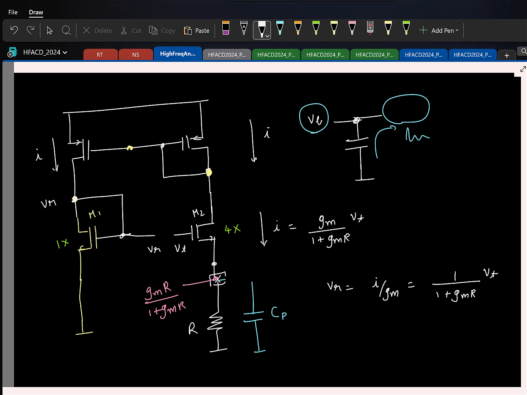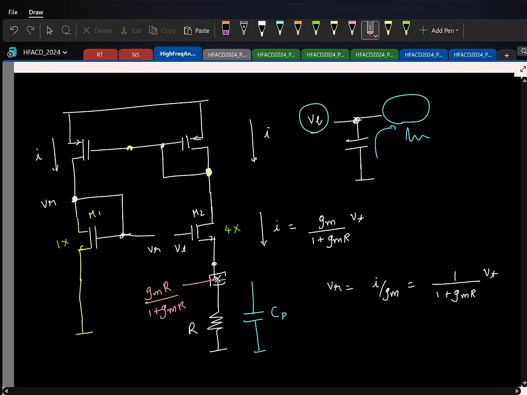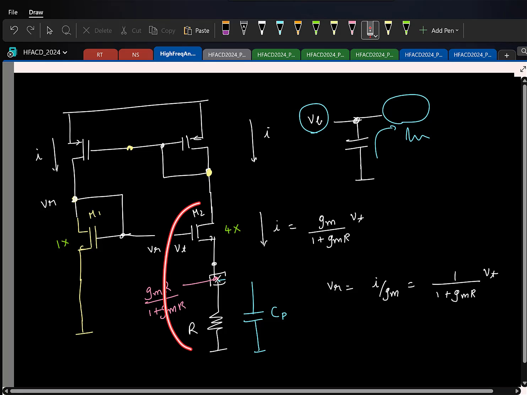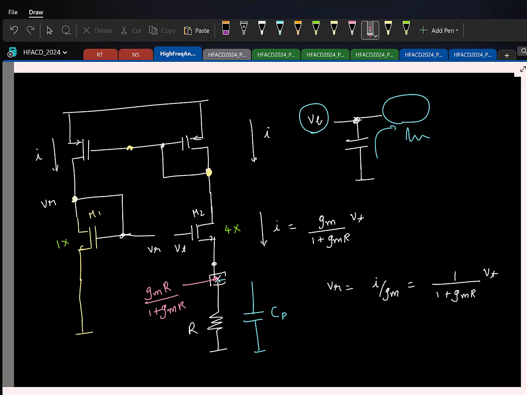Right. So that's why the positive feedback loop gain was less than 1, right? And as you see, this negative feedback here is what is reducing the loop gain's magnitude to be less than 1. So that is the other way to argue. You can say although you have positive feedback, you have some negative feedback provided by the source degeneration, and that's bringing the magnitude of the positive feedback loop gain to be smaller than 1, right?